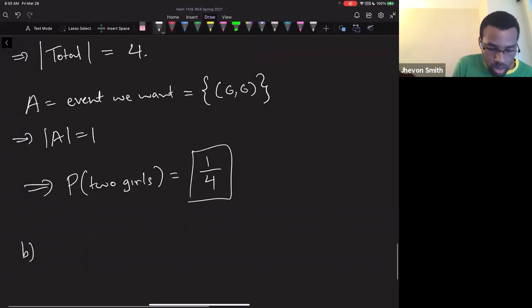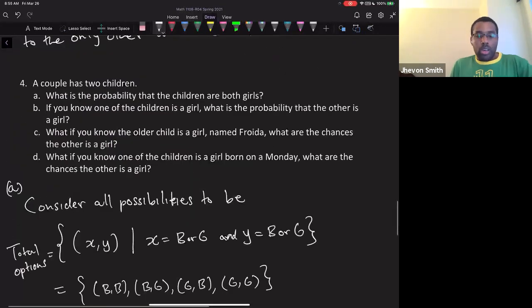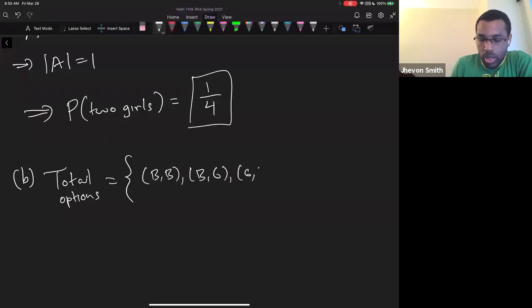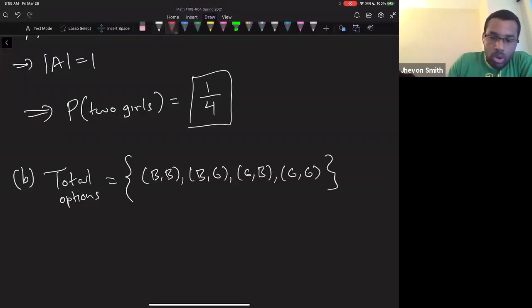For B, the total options changed. You know 1 was a girl, right? Which means the possibility of both boys isn't an option anymore. So while in general you'd have boy, boy, boy, girl, girl, boy, girl, girl, now this is not an option anymore.